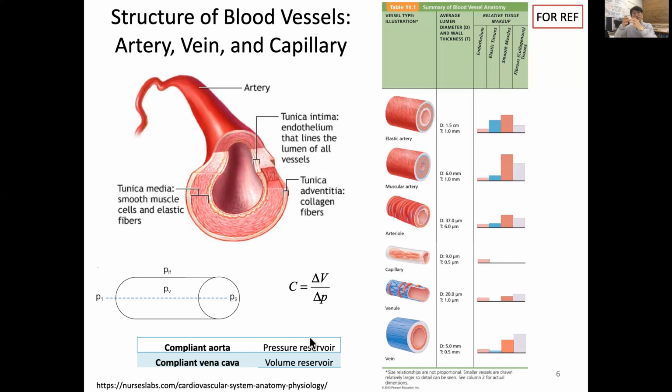The biggest vein, which goes into the heart from throughout our body, is called the vena cava, and that is also very compliant, but that compliance comes from changes in volume. So its role is a volume reservoir.